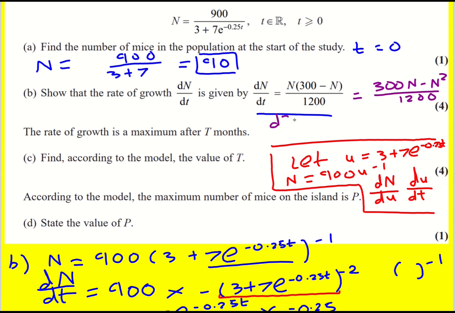So that means the second derivative will equal 300 minus 2n over 1,200. If I set it equal to 0 for a maximum or stationary point, then I can just times through by 1,200. It's going to be when n is 150.